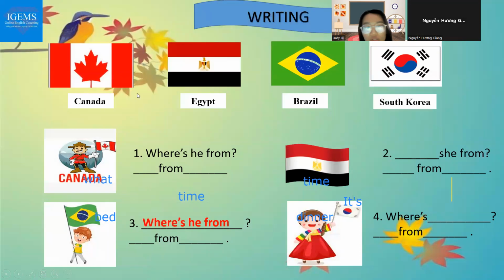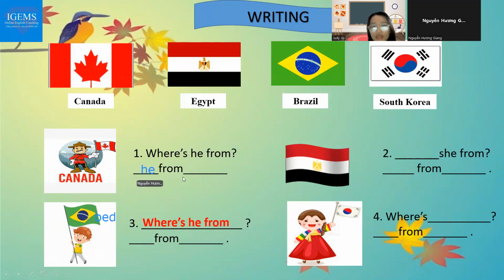So you need to choose one of the 4 countries to fill in for the picture here. Number 1, look at this one. Where's he from? So you need to fill 2 words. One word is the pronoun and one word is the country.